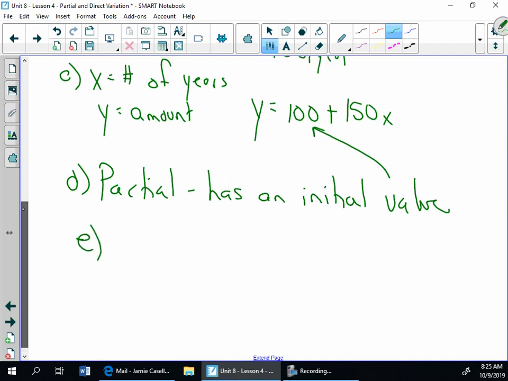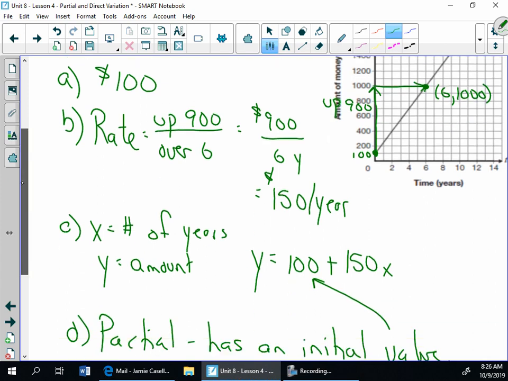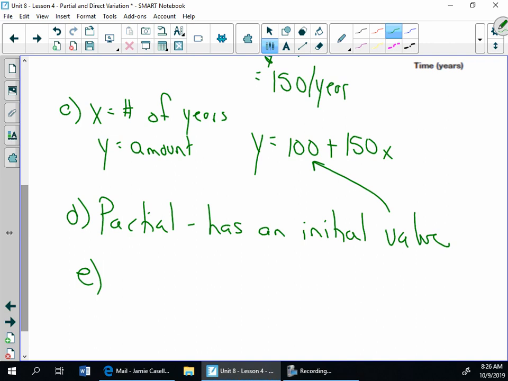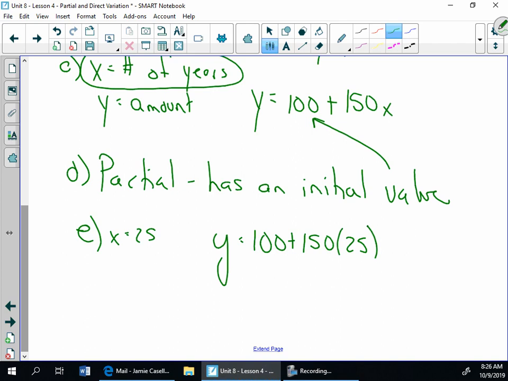Okay, last one. Assuming the relationship doesn't change, how much money would be in the account after 25 years? So thinking about my equation, x is my number of years. If I know that x is 25, I can take my equation and replace the x with 25.